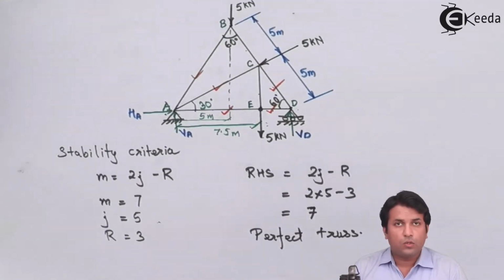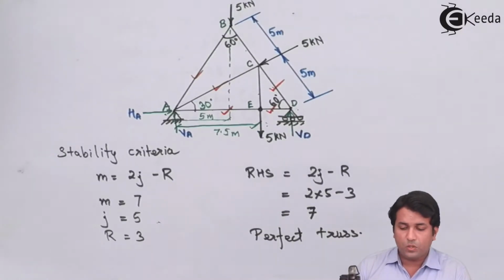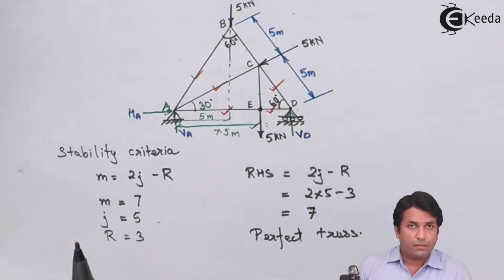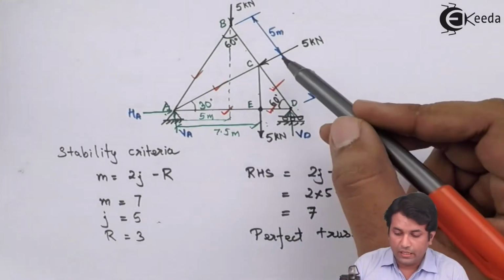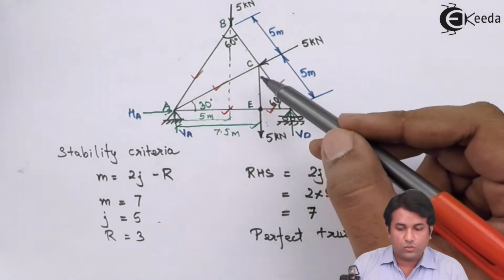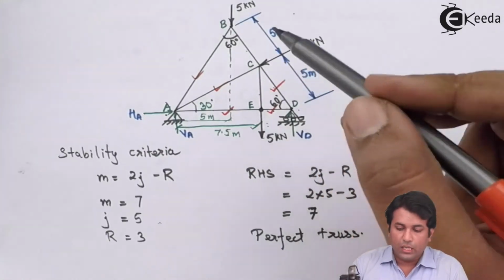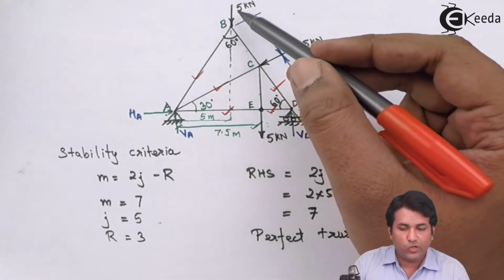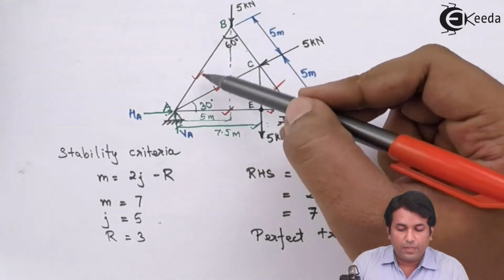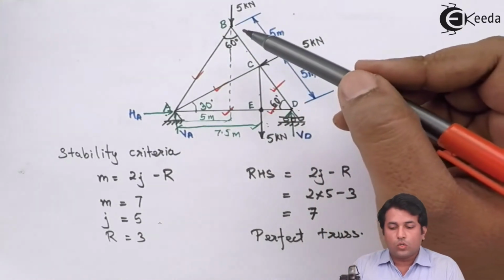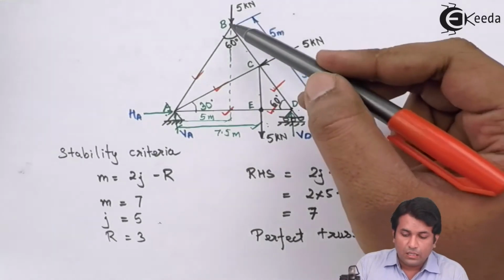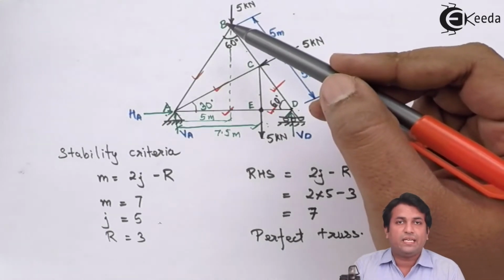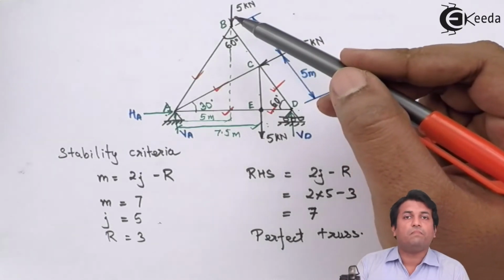Just to simplify this case, if I take joint C, I'm having extra forces like this force as well as this force, whereas at joint B I'm having only three forces, that is this 5 kilonewton force, force in AB and the BC force. So I can easily take this joint, solve it with fewer calculations and get the answer for force in member BC.